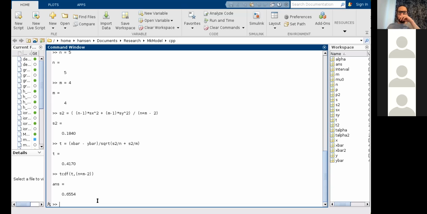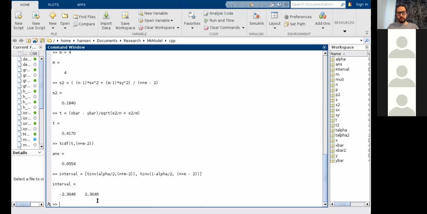Alternatively, we could calculate the interval at tinv of alpha over 2 with n plus m minus 2, and tinv of 1 minus alpha over 2 with degrees of freedom n plus m minus 2.